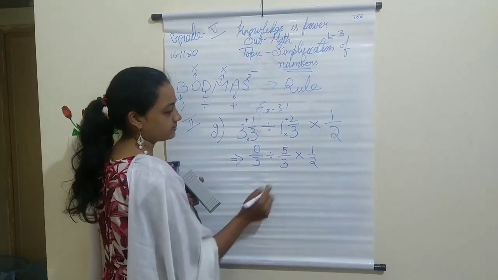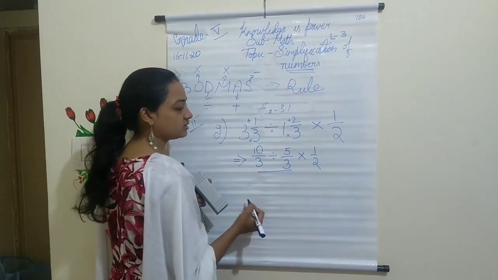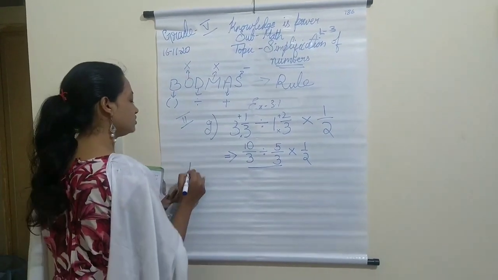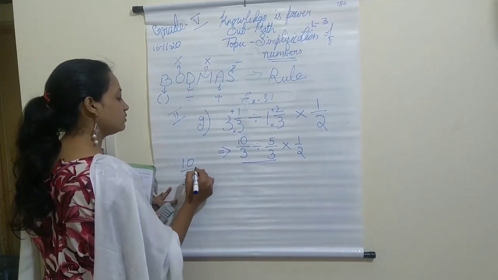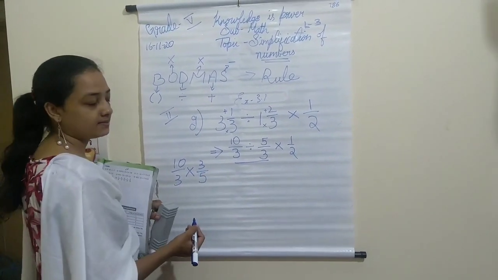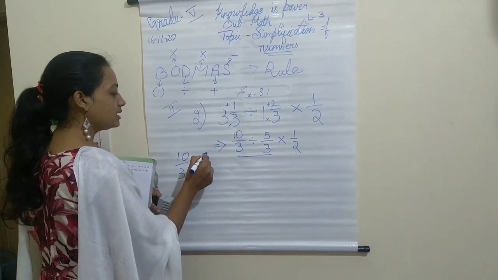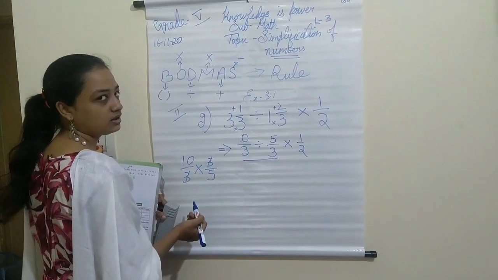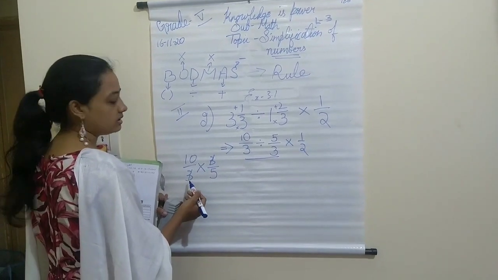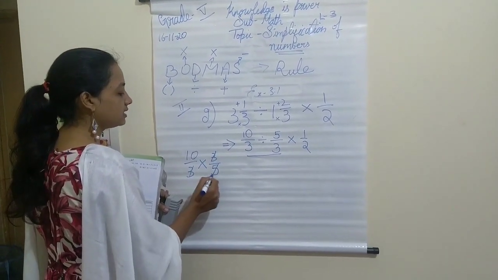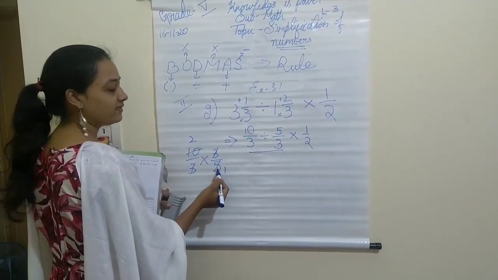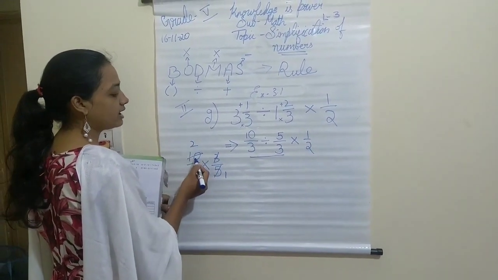Now let us solve it. First I'll take division. How will you divide the fractions? For fractions division, you have to just take the reciprocal of the number and multiply. When I take the reciprocal, I can cancel 3 and 3 because one is numerator, the other is denominator. 1 2s are 2, 5 1s are 5, 5 2s are 10.